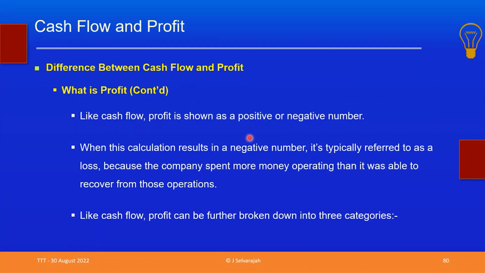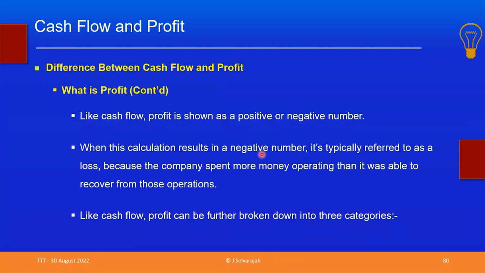Like cash flow, profit can be shown as a positive number or a negative number. Now, unlike cash, positive is good. Negative profit is no good. Cash negative can sometimes be because you are on an overdraft to improve your business.